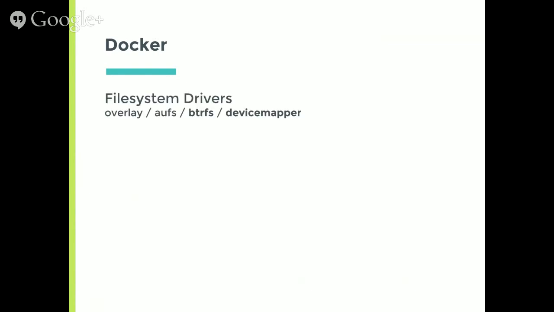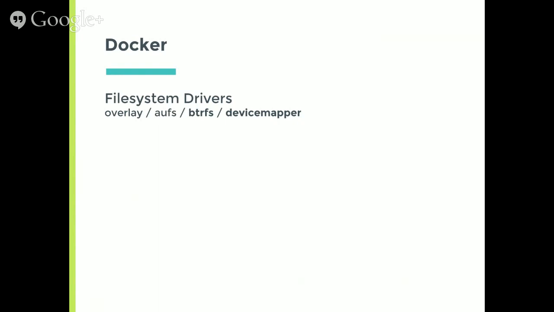On Docker, here be dragons. We have 4 or 5 file system drivers. If you're using anything other than BTRFS or device mapper, you're in trouble. AUFS has tons of issues with the number of layers you can create. Back then it used to be 42.